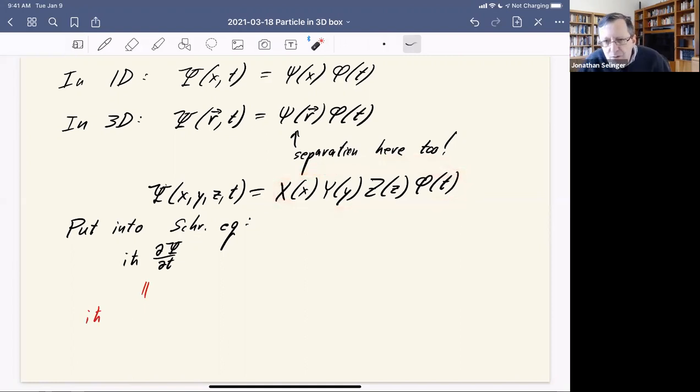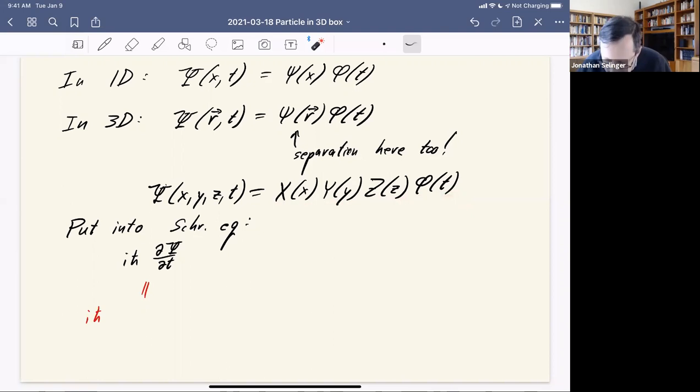Now, if we want to take the partial derivative of that with respect to time, the first three things don't depend on time, so they just factor out. And we only have to differentiate this factor, the φ of t, with respect to time.